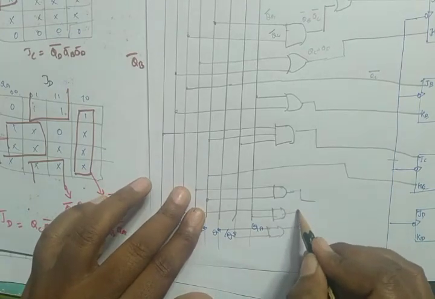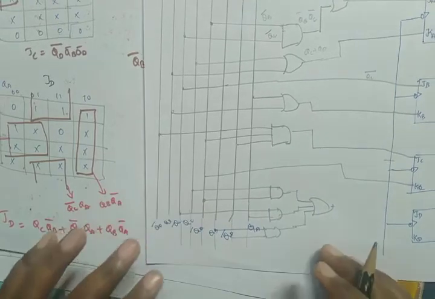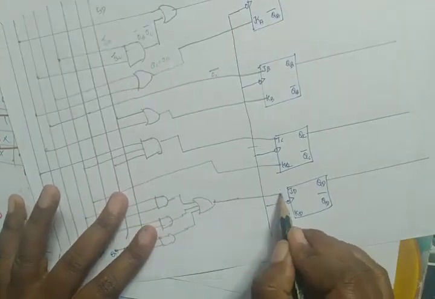So use an OR gate here. This should be given as input to JD.